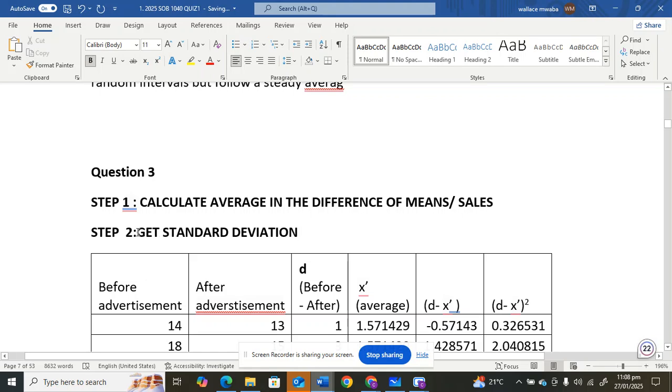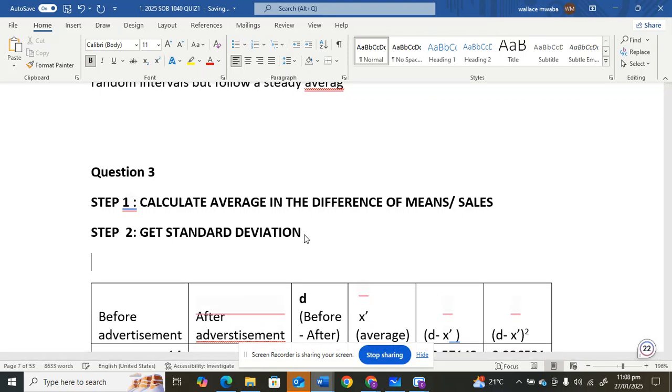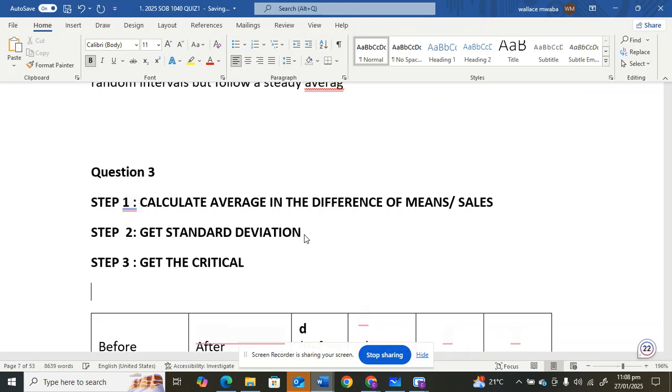Get standard deviation. Okay, step three: get the critical value. So how do we get the critical value? You take note of your confidence level.